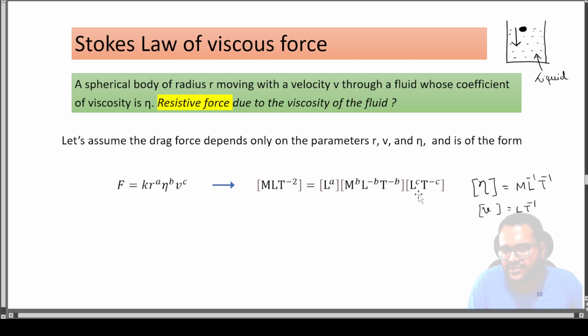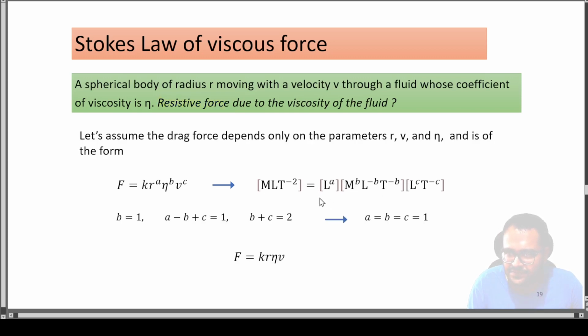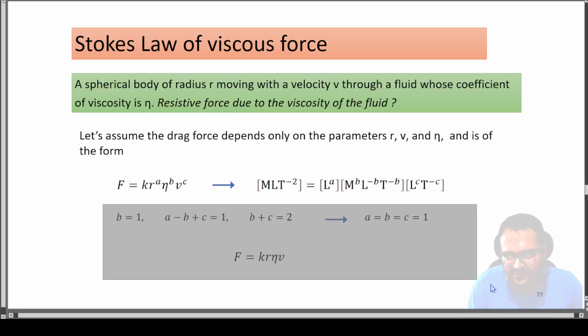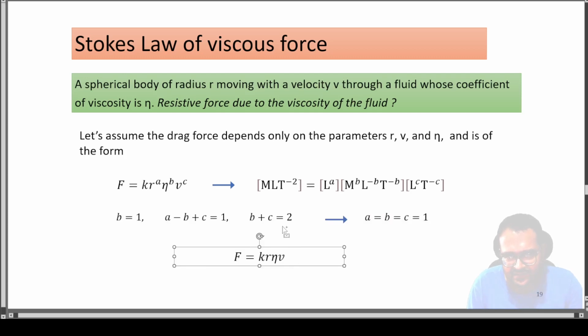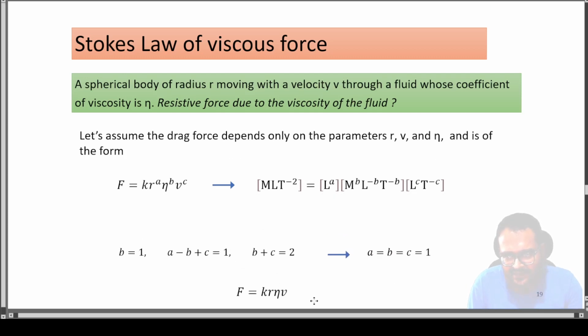So if I equate this, what do I get? I will collect the power of M in one place, the power of L in one place, and the power of T in one place.